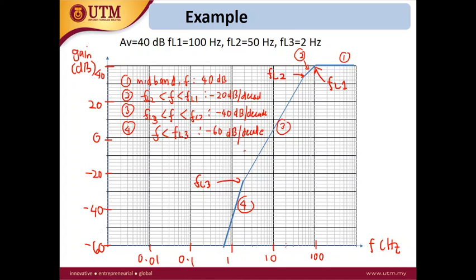For example, when your scale for the y-axis is not that large, you can use dB per octave. So 20 dB per decade is equal to 6 dB per octave.